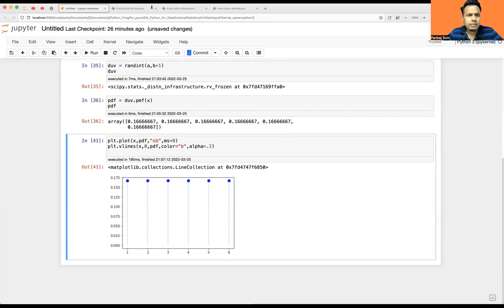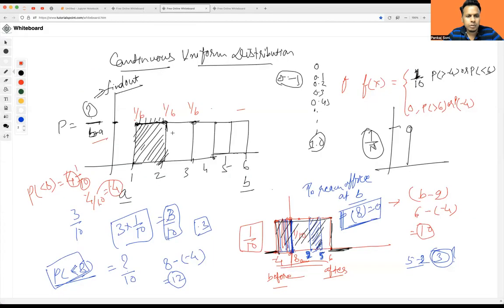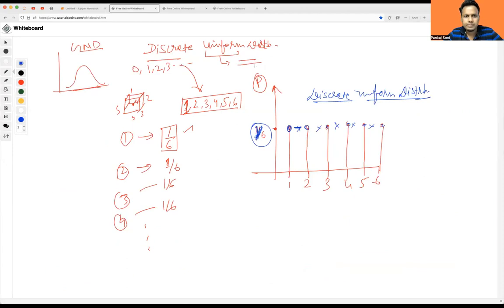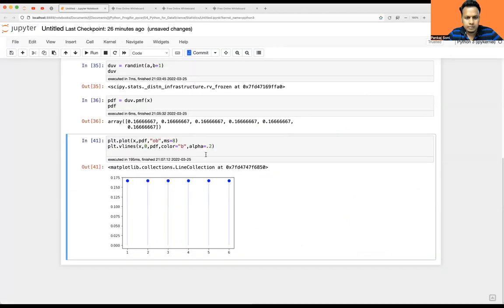Yeah, so this is the probability we saw here, right? The probability mass function for discrete uniform value. Okay, so that was discrete in this case. So this is nothing but the PDF.